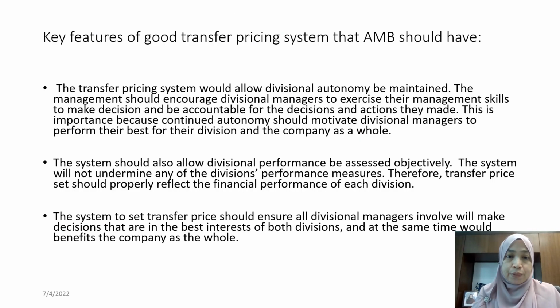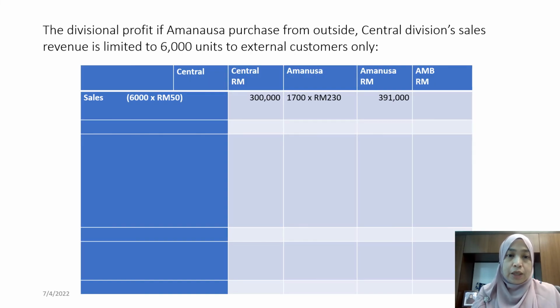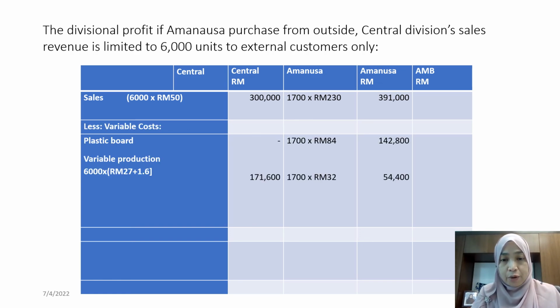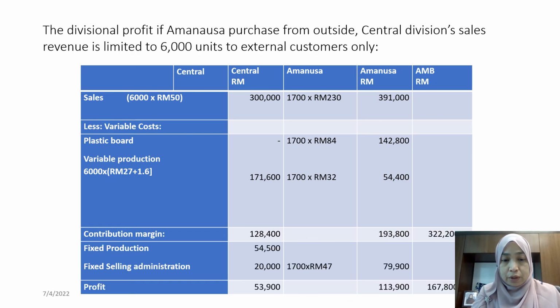Then the third question is about key features of a good transfer price. And the last question: if Amanusa division buys from an external supplier, what happens to the profit for each division and the company as a whole? If they buy from an external supplier, they have to pay extra. They pay 84 ringgit, and the company's profit will be affected. Why?